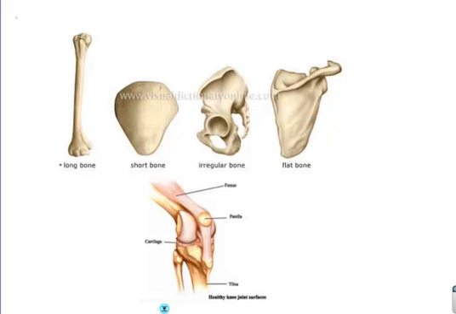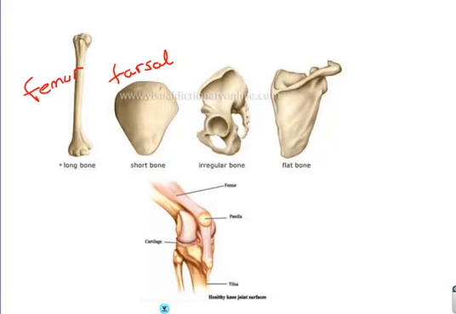So here is a long bone over here. This could be your femur. And you can obviously see it's much longer than it is wide. And there's a lot of bone marrow in your long bones. Your femur is actually a good store of bone marrow. This is a short bone. An example would be your tarsals. This could be one of your tarsal bones.